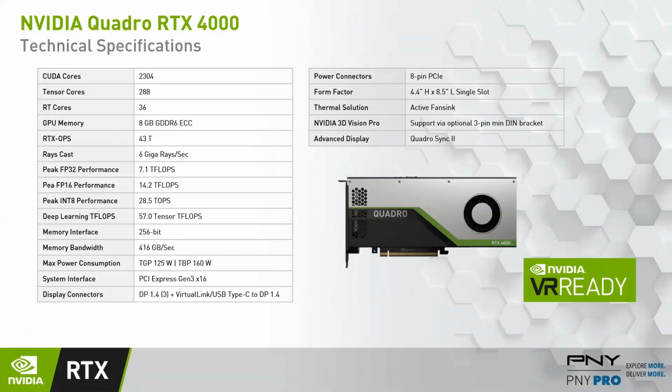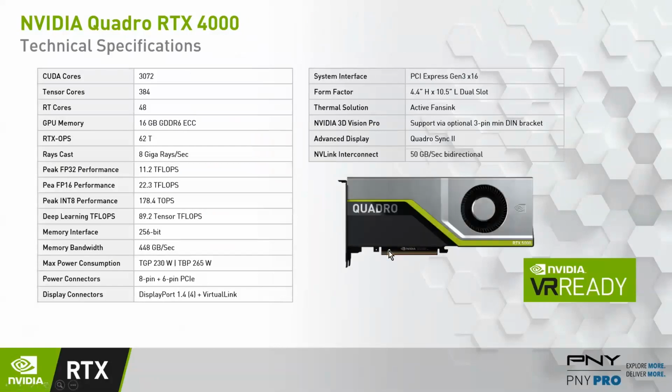If you still utilize traditional stereo, via an optional 3-pin mini DIN, you can do stereo. One point to make, if you're actually designing a building where you may be using video as part of the installation, this is an excellent board to drive those displays with something we call Quadro Sync 2, choreographing the interaction of multiple displays. Next slide, please.